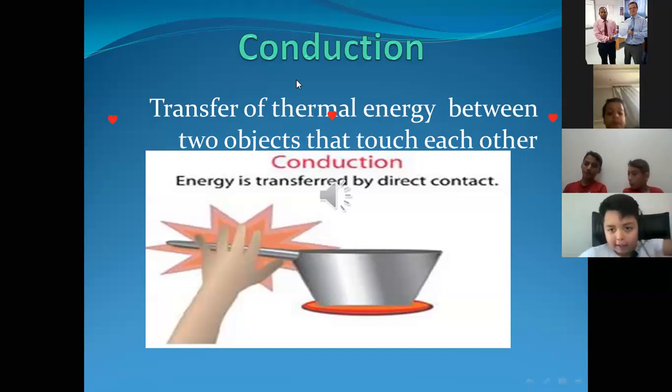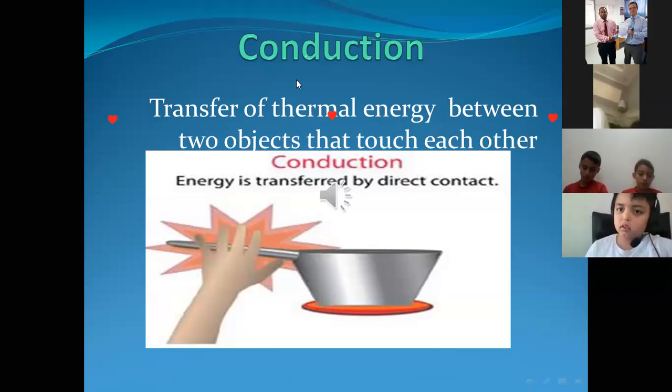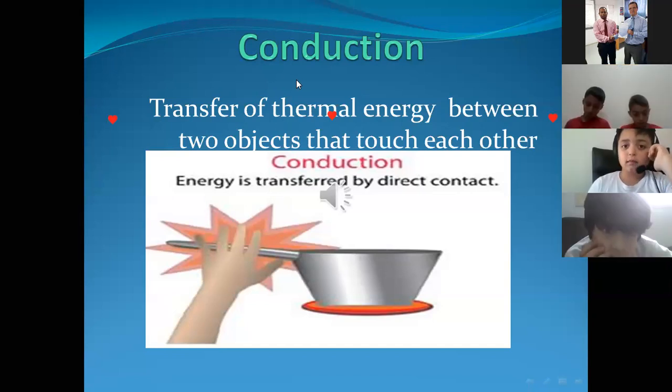So my question now to Fuad. Fuad, be ready. I will give you a chance to talk. Transfer of thermal energy through a gas or liquid: is this conduction or convection? Conduction.